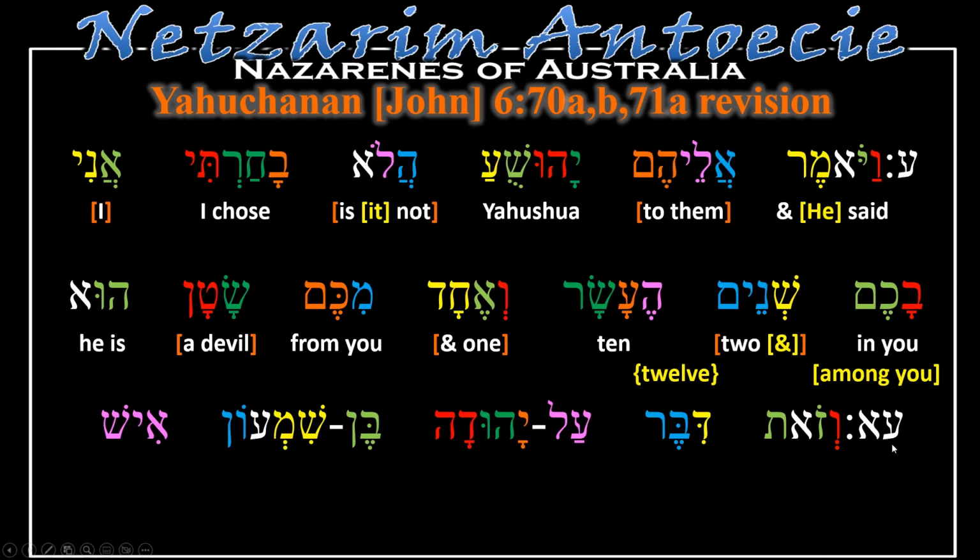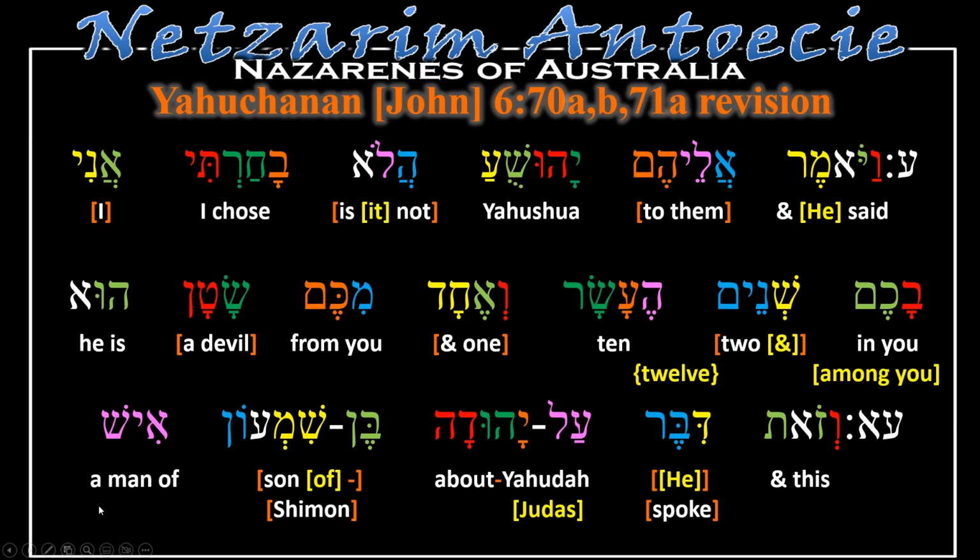And we have an ayin, 70, and an aleph, 1. Vezot, and this, diber, he spoke, about Yehuda, which is translated as Judas, ben, son of Shimon, ish, a man.